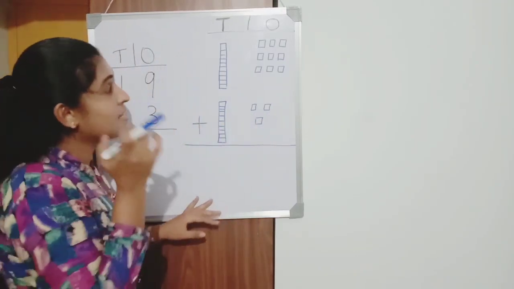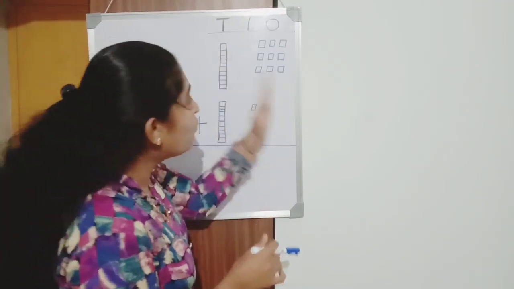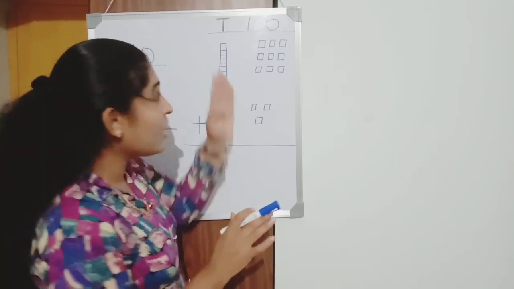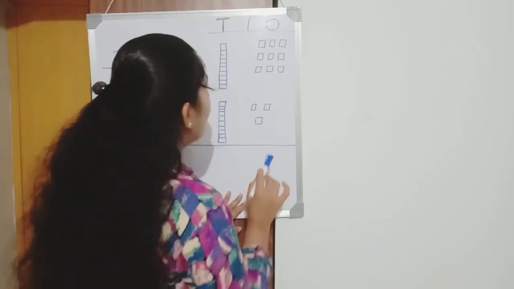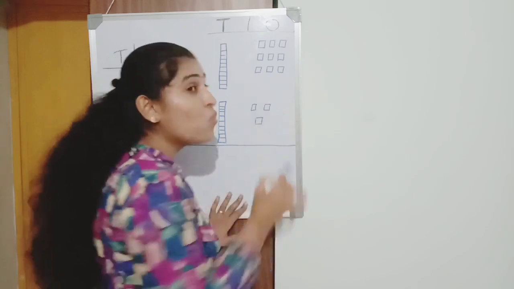Now let's start adding from the ones place. Always add from the ones place. So start counting from the ones place. How many ones are there?